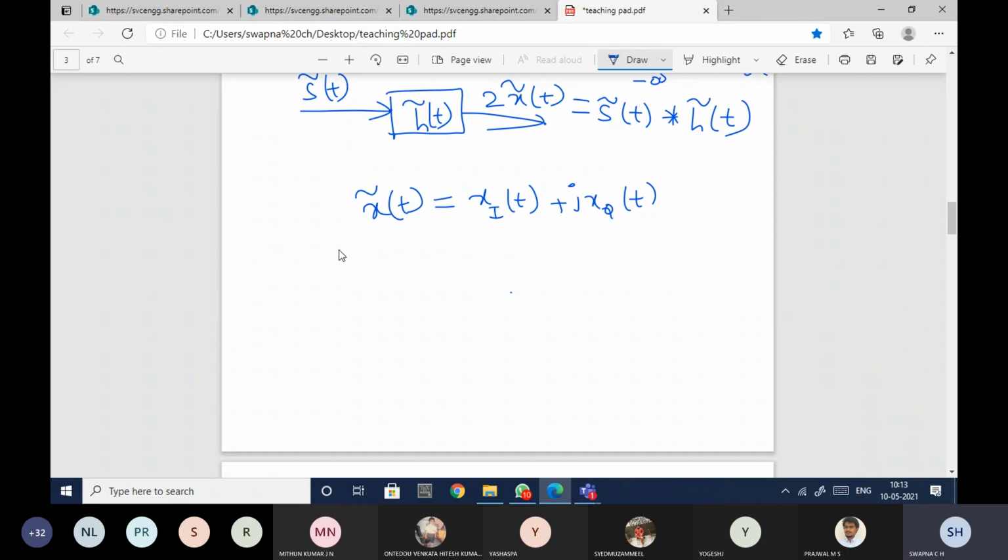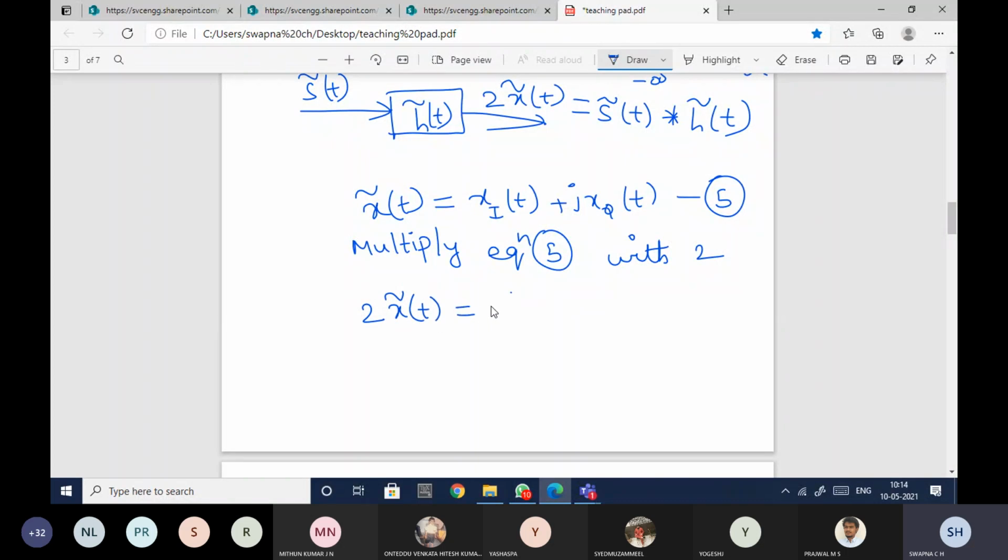These are real valued functions. Now I'll multiply the entire equation by 2. I'll name this equation 5. Multiply equation 5 with 2, and it becomes 2x tilde of t equals 2xi of t plus 2j xq of t.